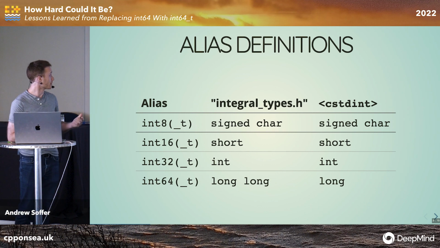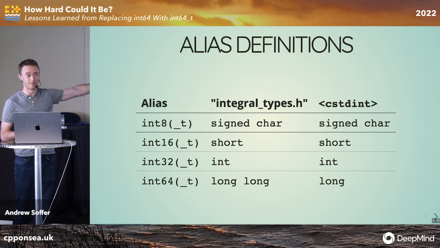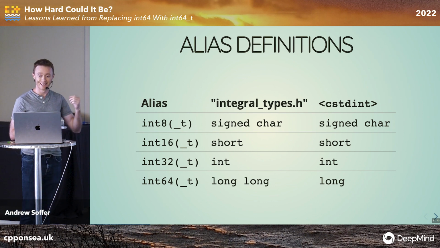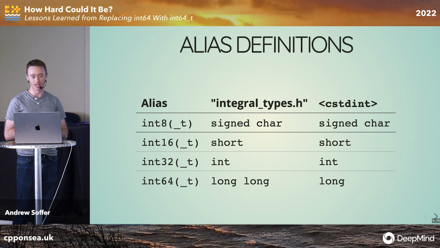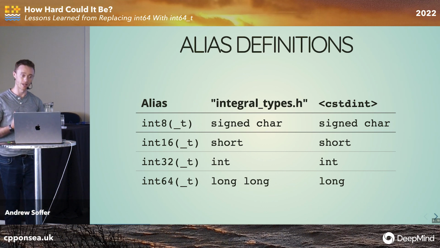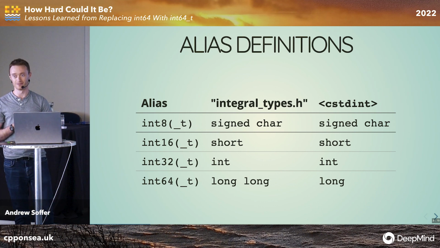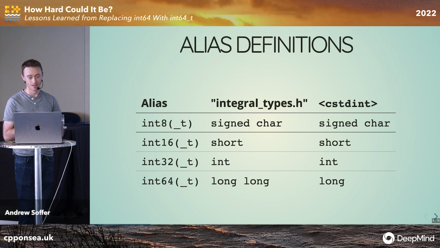And you can see the problem here, right? These are all the same aliases. They all reference the same standard integer types, except int64. For the one that we have in our internal header, integraltypes.h, that's a long. The standard says it's a long.